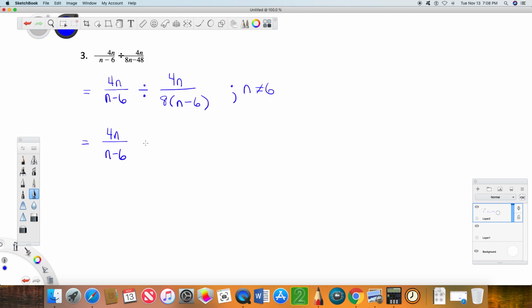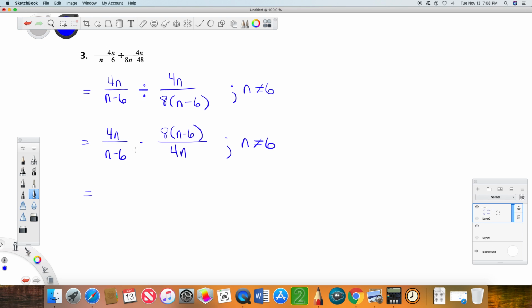I'm going to change the multiplication to division, and I'm going to flip the divisor, this second fraction, take the reciprocal. So I've got 8 times n minus 6 now in the numerator. 4 times n is in the denominator. Of course, we have that restriction that n cannot be 6.